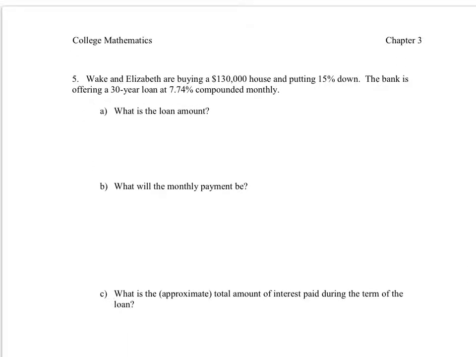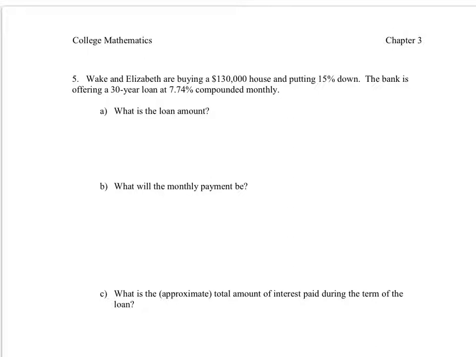All right, Wake and Elizabeth are buying a $130,000 house, and they want to put 15% down. The bank is offering a 30-year loan at 7.74% compounded monthly. Poor Wake and Elizabeth. Let's see if we can find what the loan amount would be.